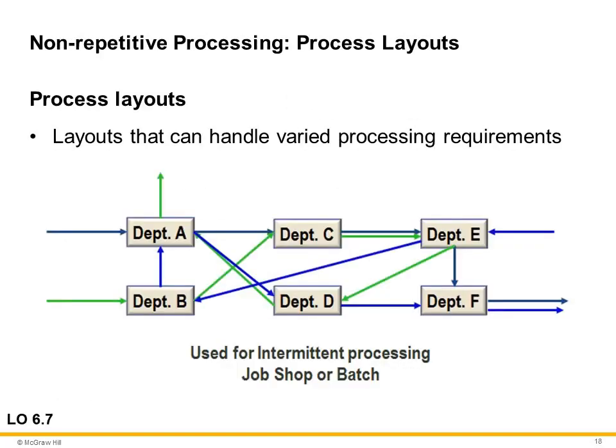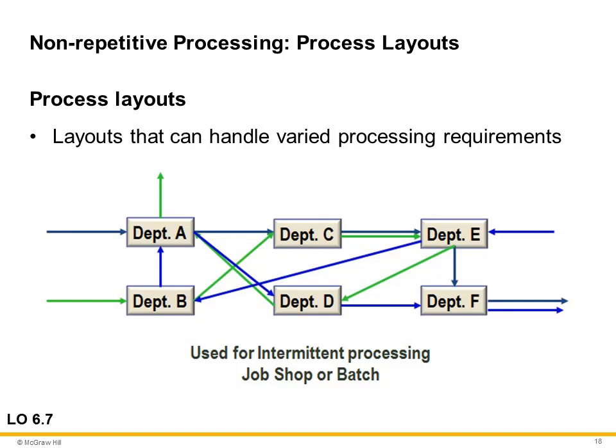Process layout. In process layout, there are different departments, and each department has its own specific process. Product or customer can go through all departments or a few of these departments.